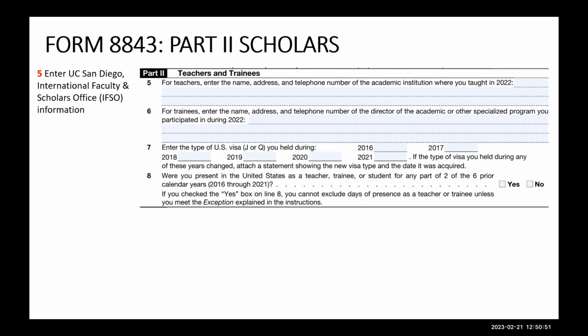So basically, your employer will withhold from your paycheck the appropriate taxation amount based on the information you provide them in your Glacier record.